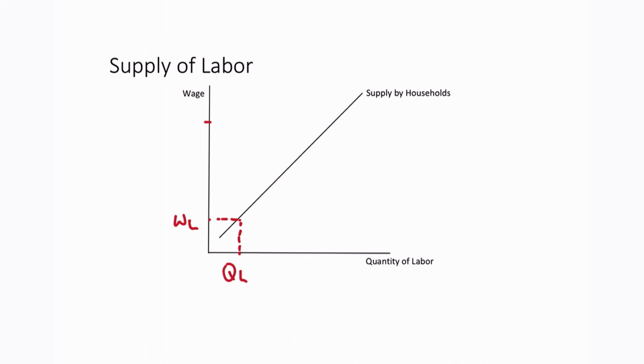On the other hand, when we have a high wage rate and people are being paid a lot of money, then more people want to work. So the quantity of labor is going to be high. We see that we have a positive relationship between the wage rate and the quantity supplied of labor.